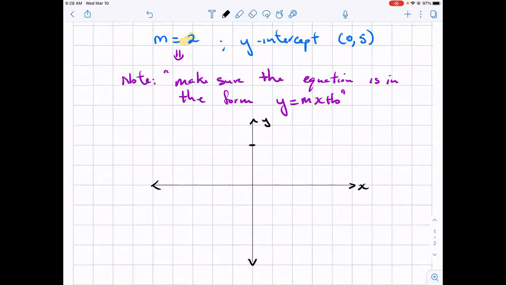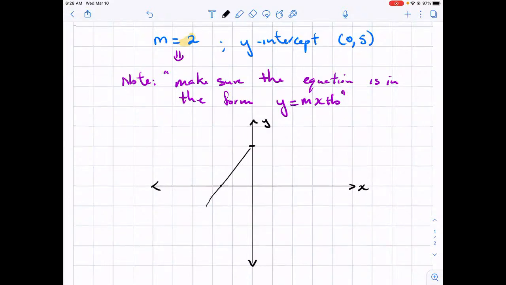So if we look at the equation here, I know that's 5 because that's the y-intercept.